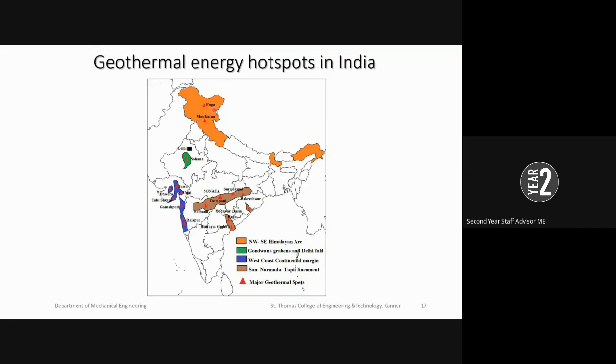These two things: the Pulga Valley and Manikaran. I think Manikaran is in Himachal Pradesh, and Pulga is in Jammu and Kashmir. So these are the main hotspots in India. Do you understand?